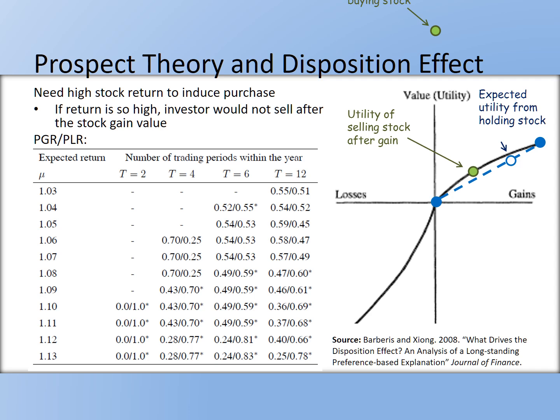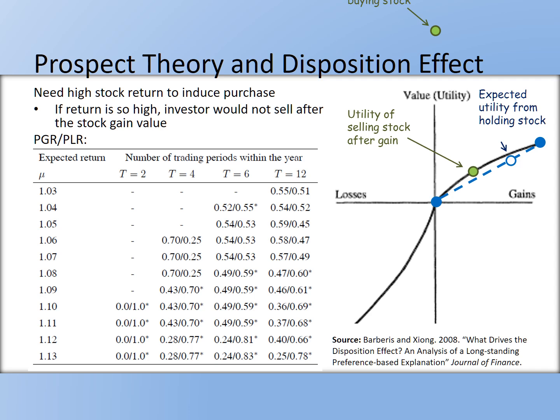Well, it's clearly not going to be lower, right? So the problem here we see is that once the return of stock is high enough for the investor to purchase, it's going to be high enough for him to hold.